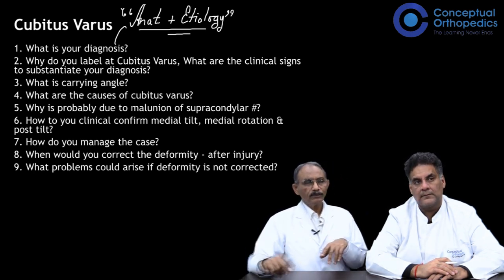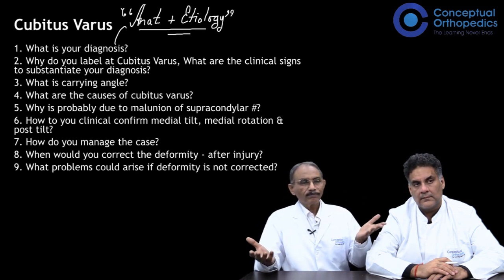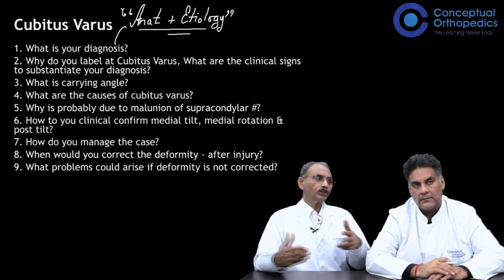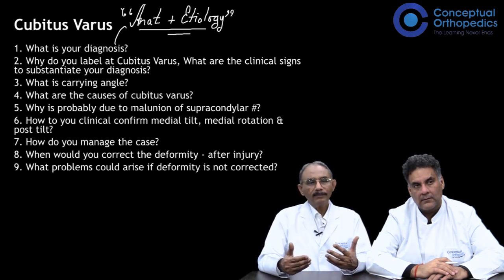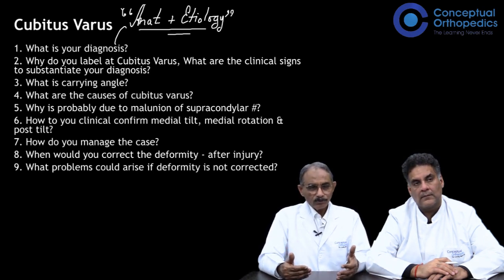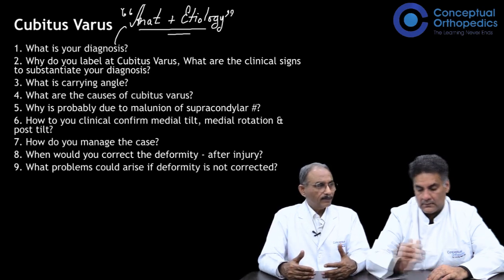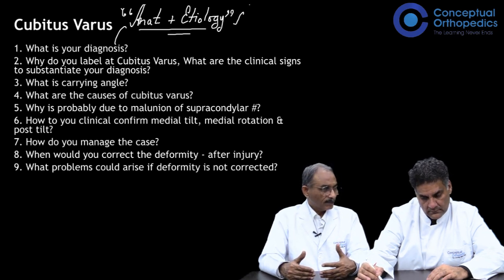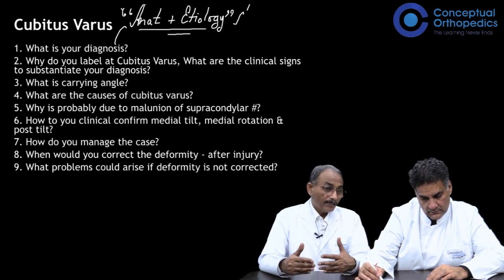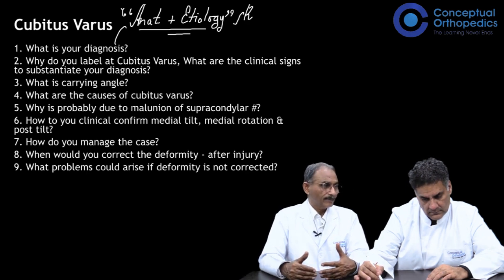Right. So out of the familiarity with what students present, I would have to say a 6-year-old child who presented with a right-sided cubitus varus deformity in a right-hand dominant child.